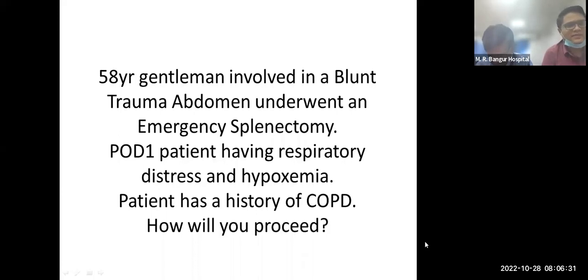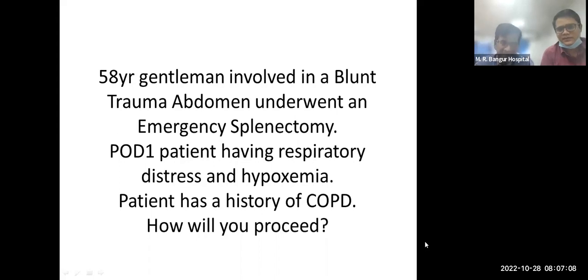Sir, after stabilizing the patient, we'll ask for the history of any pre-existing lung disease, and if it is present, then the treatment taken in the past, and any recent history of hospitalization due to chest infection or complication.